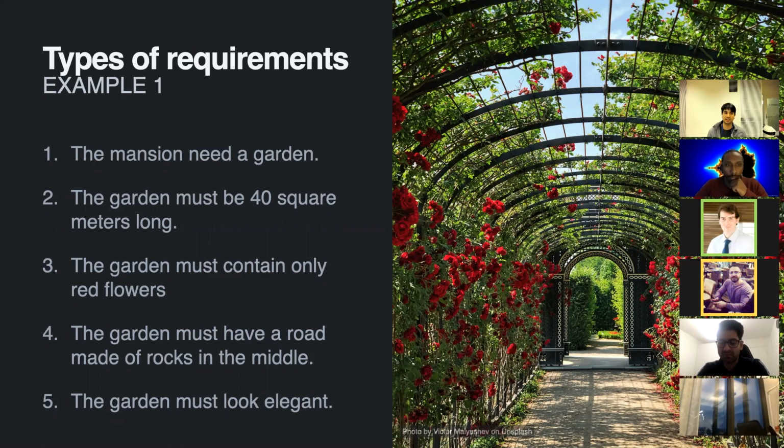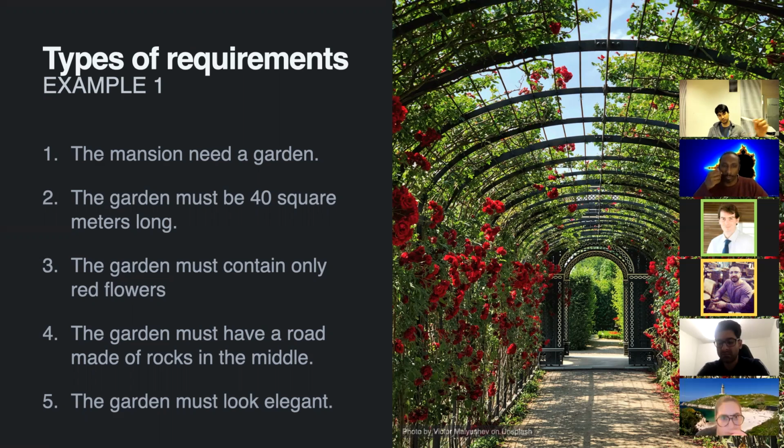Why do you think the mansion needs a garden is functional? Because it needs to be built or designed inside the mansion. Okay, but don't you think that is a little bit too broad? Well, it's a garden. They don't specify how many trees or flowers or whatever.